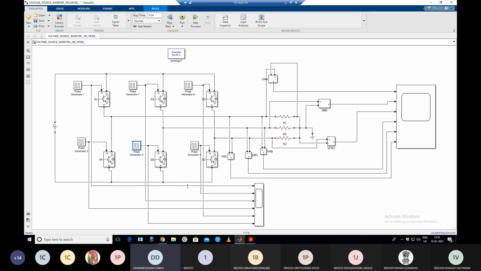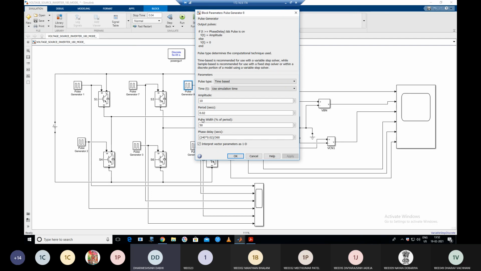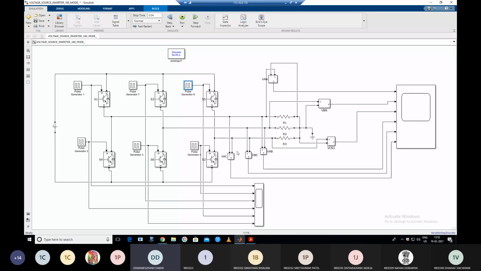So here this is the gate pulse, I just change it to 100 by 3. Clear? So this is the gate pulse for the 120 degree mode of the inverter. Now let's run this simulation and check the output voltage, phase voltage and line voltage.